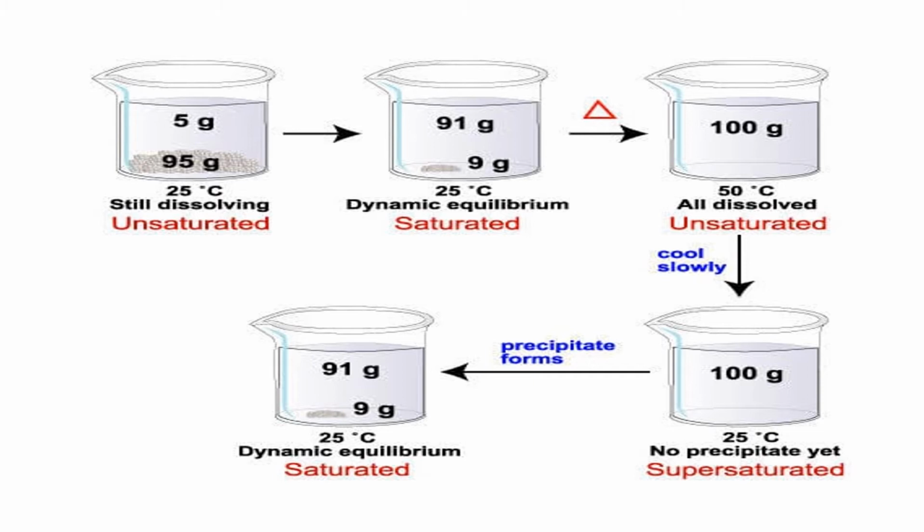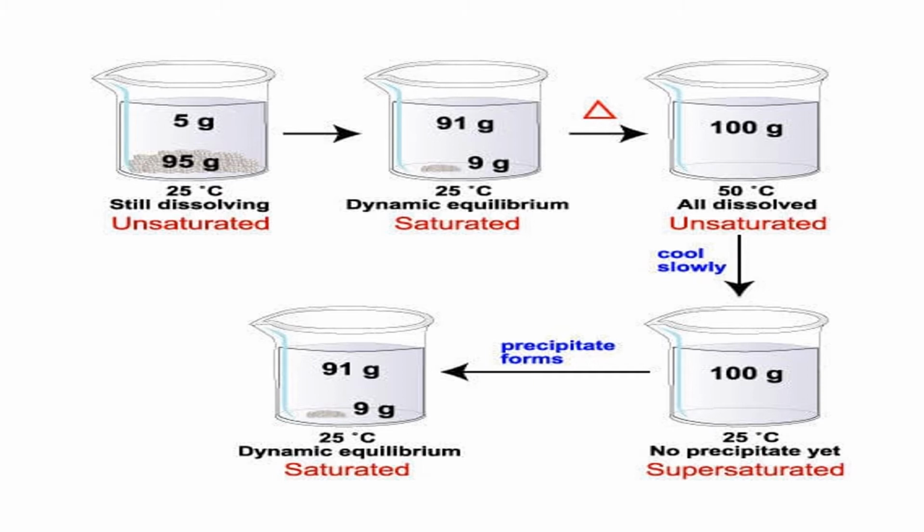When we heat it, those 9 gram are also dissolved. So we have more solute in the third beaker than in the saturated solution. So we can say that a supersaturated solution contains more dissolved solute than required for the saturated solution. The fourth one is the supersaturated solution.